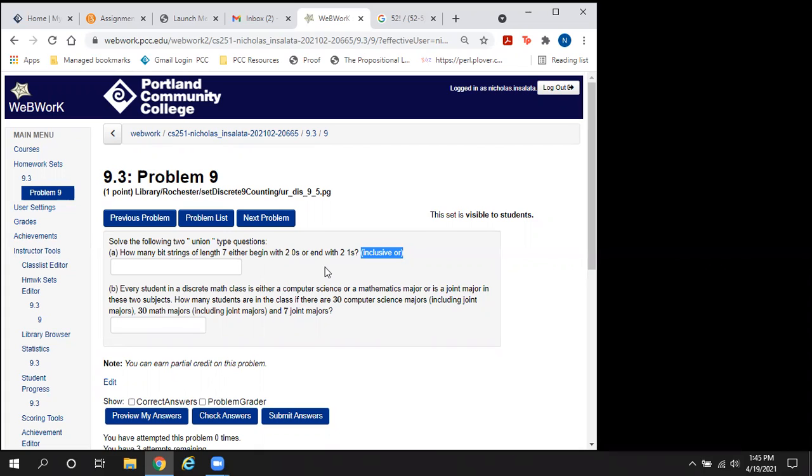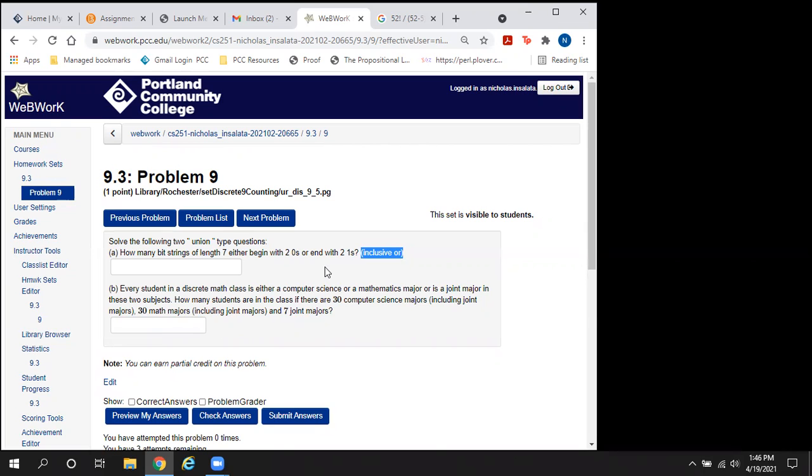If we've already counted the strings that do both in our counting of the ones that start with 2 zeros, and we count the ones that do both in our counting of the strings that end with 2 ones, then we've double counted. So at the end of the day, we need to subtract off the number of strings that begin with 2 zeros and end with 2 ones to get the right amount.